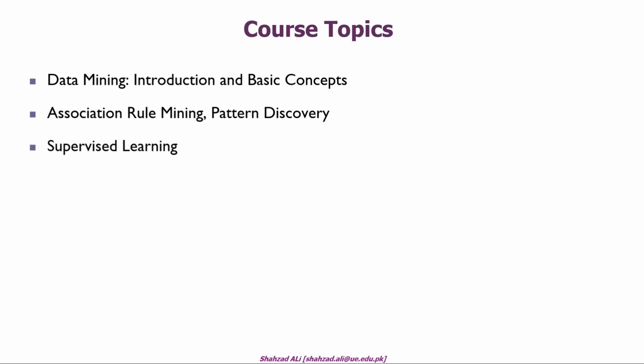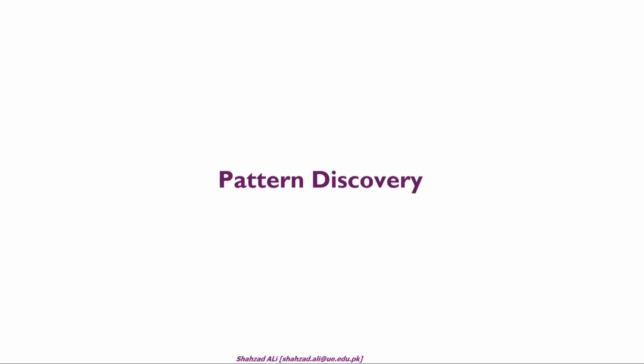This is a very famous and interesting area of the domain of artificial intelligence, machine learning and data mining. After that, the fourth part is unsupervised learning, and finally the fifth part is anomaly detection, which is also known as deviation detection, or in some studies as outlier detection. So from today onward, we will spend 4 weeks on association rule mining. So let's start with this topic of pattern discovery or association rule mining.